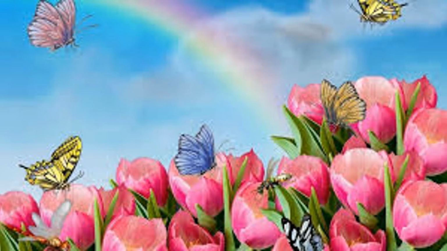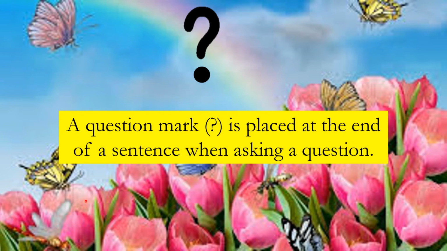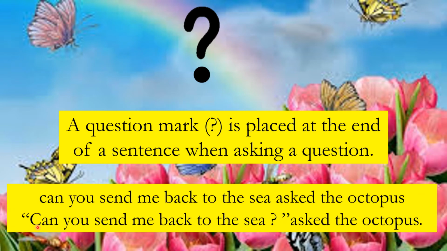Okay, next one after comma is the question mark. You also use a question mark in your sentences, but mostly in a question. A question mark is placed at the end of a sentence when asking a question. For example, I give you a sentence here: "Can you send me back to the sea?" asked the octopus.